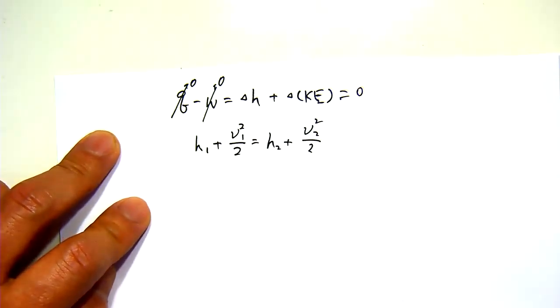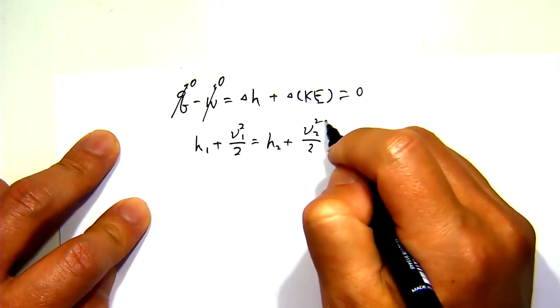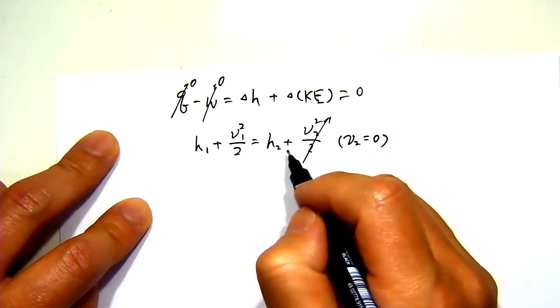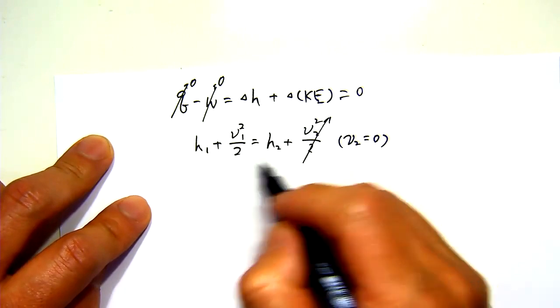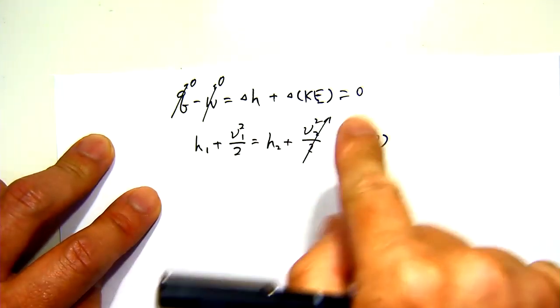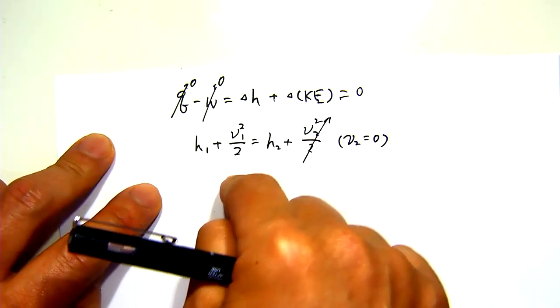And we said the object is being brought to a stop, right? So this V2 equals 0, so this one is gone. Then this says that h2 equals the static property of state 1 plus the kinetic property of state 1.